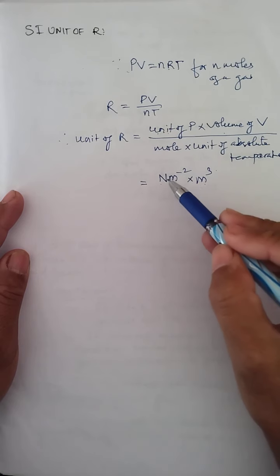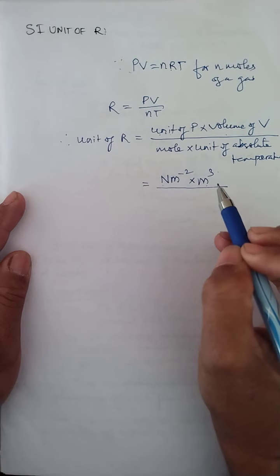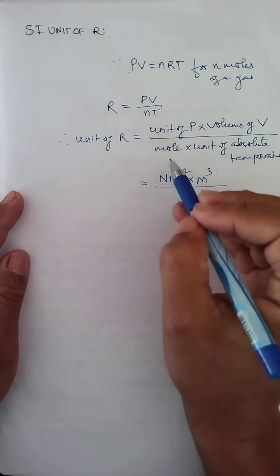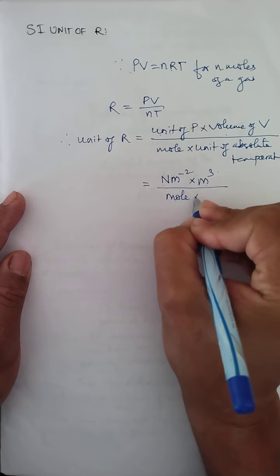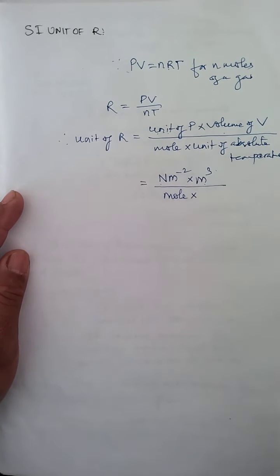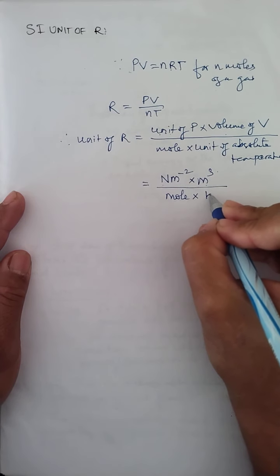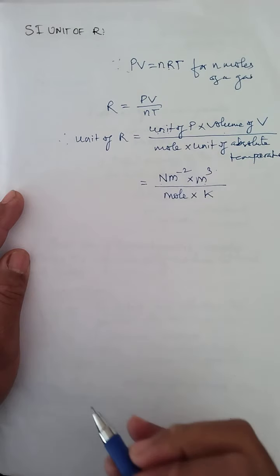N means Newton. The whole is divided by n, which is nothing but the mole, so we write mole only. Into the SI unit of absolute temperature, which is nothing but Kelvin, and we write it by the symbol K.